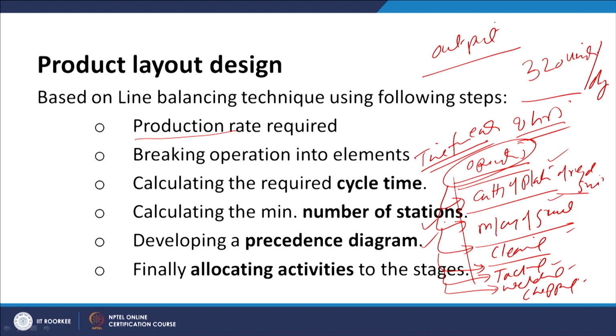That is the second thing, the breaking of the operation into the elements. Another important thing here is what will be the sequence in which the different elements of the job will be done. In any case, first of all we have to perform the cutting, thereafter after cutting the plates we can do the machining.